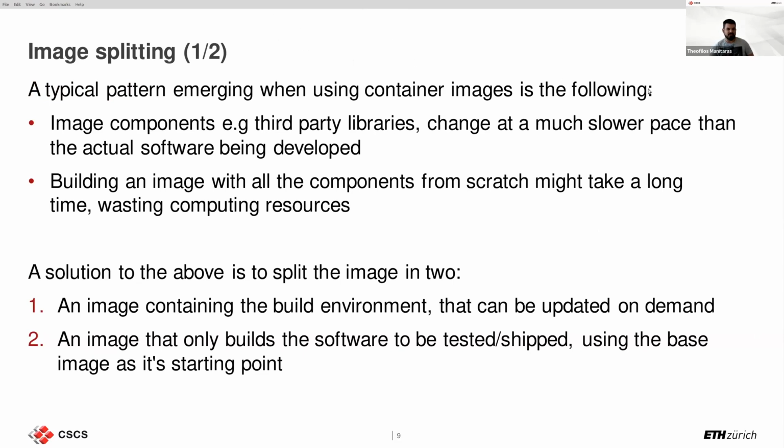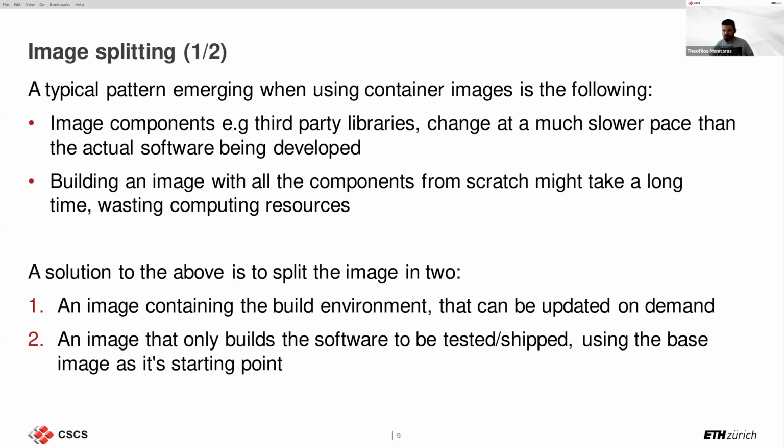So another pattern that emerges when you start using container images in your CI/CD pipelines is that many of the image components, like library dependencies and compilers and all this stuff, change at a much lower pace than the actual software being developed.